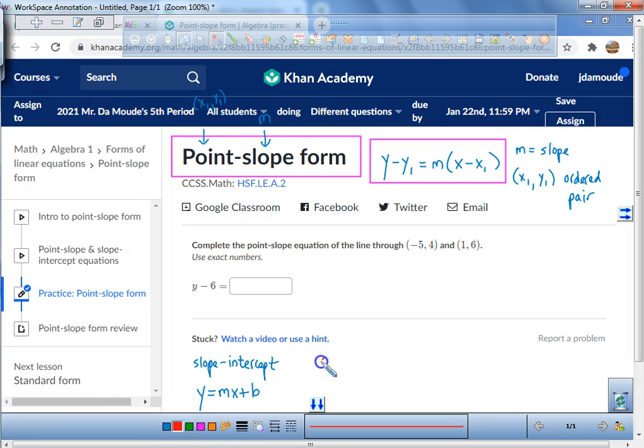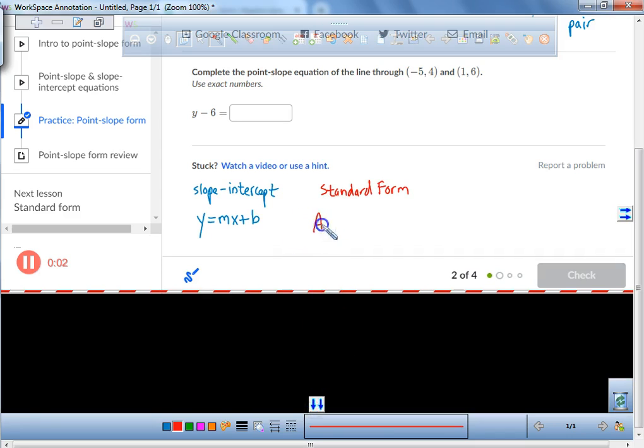The next form that everybody should know should be standard form. Okay? So standard form, everybody, is ax plus by equals c. So slope intercept form is y equals mx plus b.